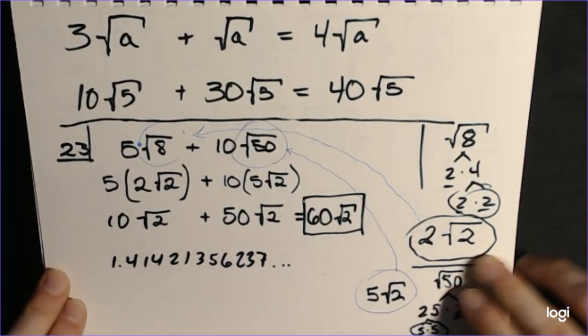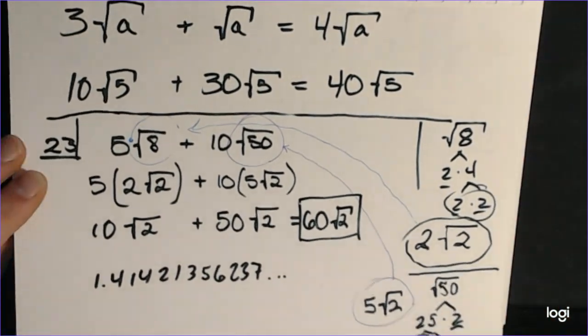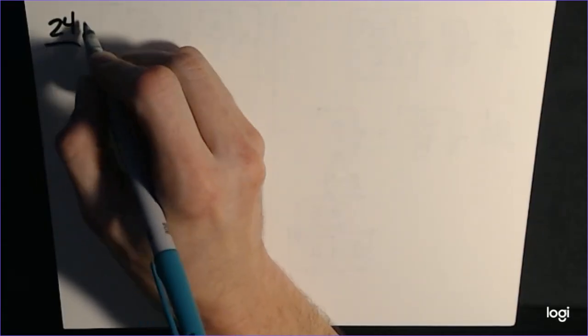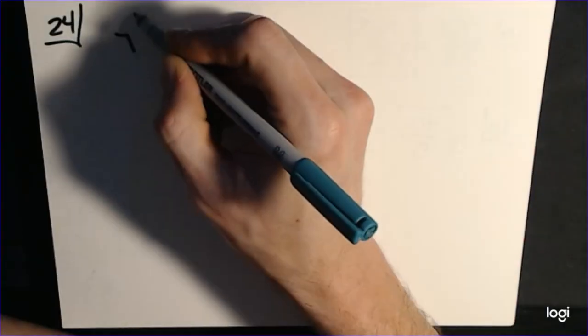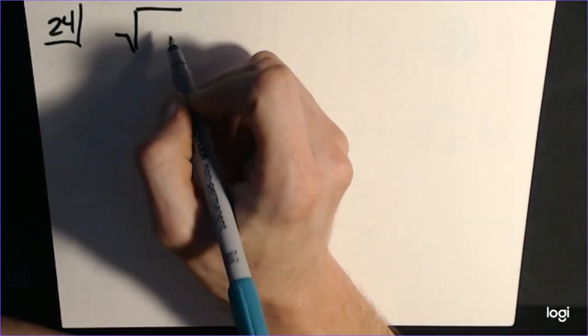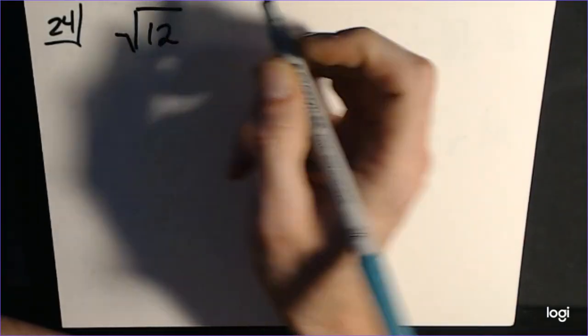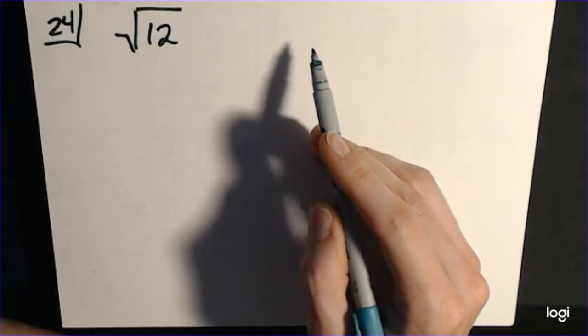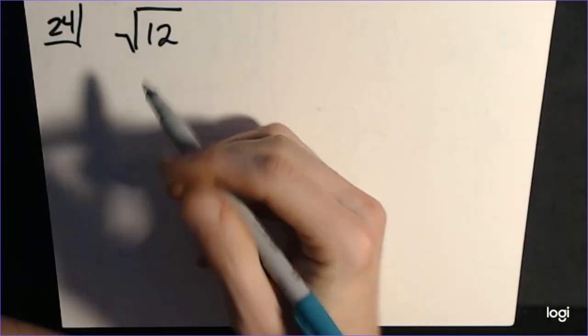Okay, let's work through another one of those problems here. We're going on to problem number 24. So I like to advise all of my students that this trick of adding these square roots, where we're just counting them up, is pretty straightforward.